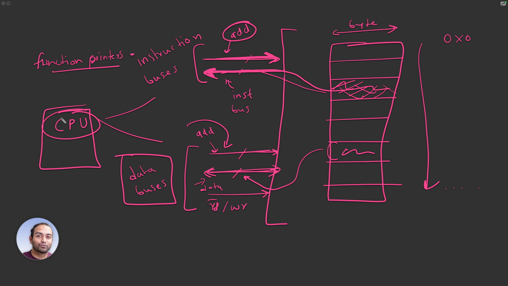And if you happen to know about something called the program counter, this is a register within the CPU, on all CPUs more or less, that keeps track of which instruction it is fetching. So when we dereference a function pointer, when we try to get the contents of a function pointer, what happens is the value of the program counter changes to whatever the function pointer was holding.